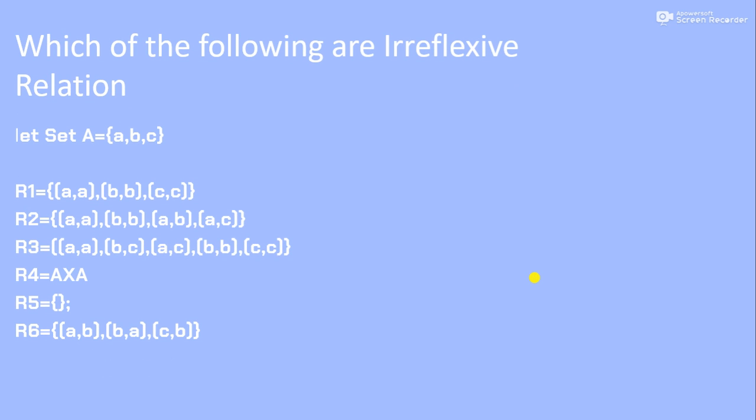Here I am going to give you a few examples where we need to identify which of the following relations are irreflexive. We have R1, R2, R3, R4, R5, R6. Out of these 6 relations we need to identify which are the irreflexive relations.